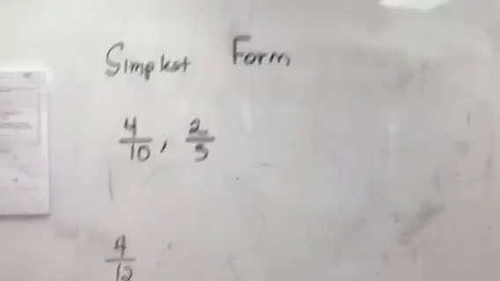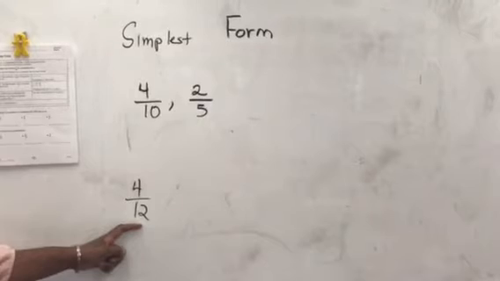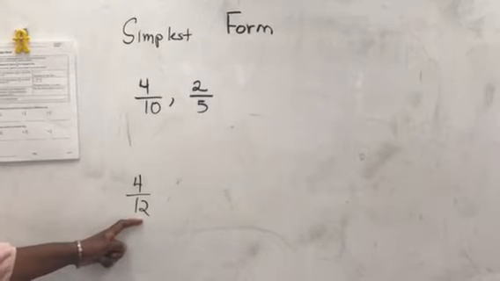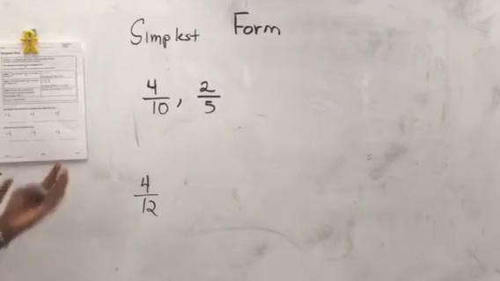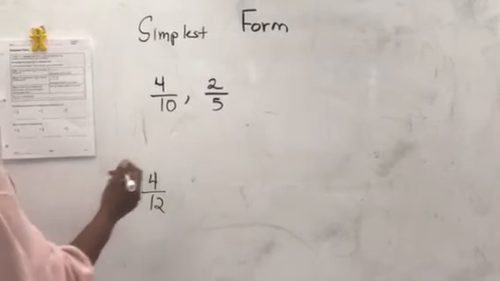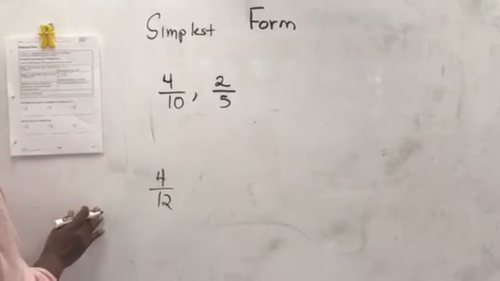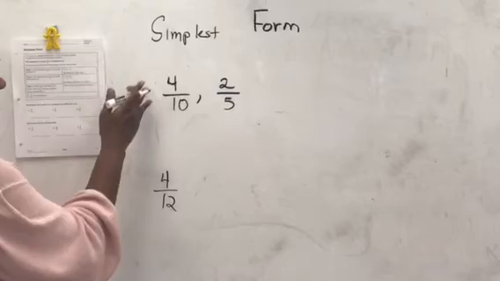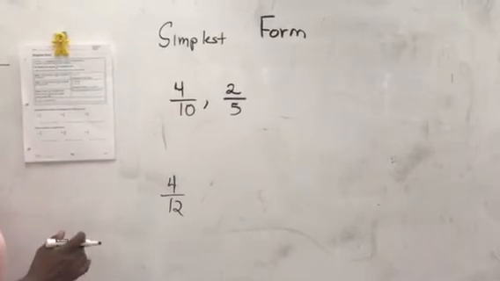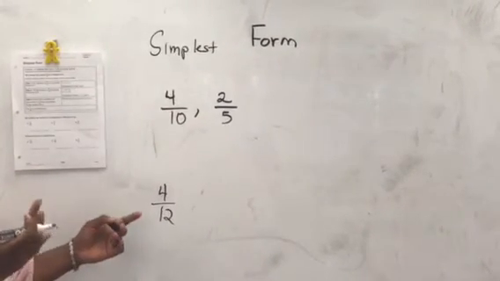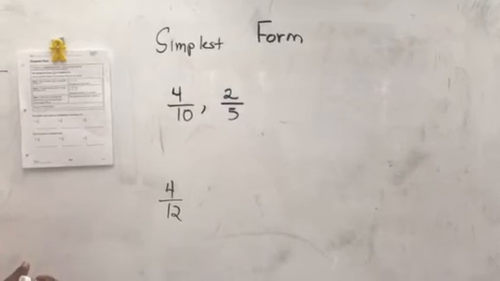Now we want to take a look at how we place a fraction in its simplest form. Well, I kind of just said it. I would do the same process here that I did here. I'm going to find my largest common factor for 4 and 12.